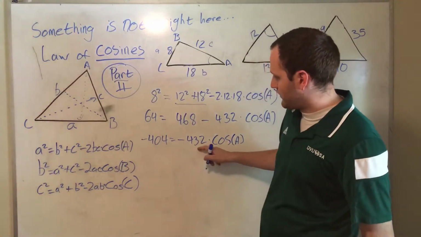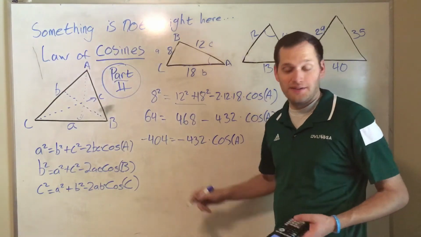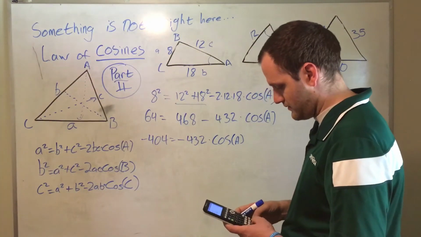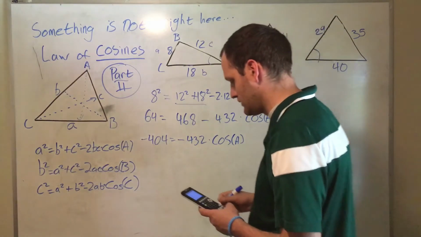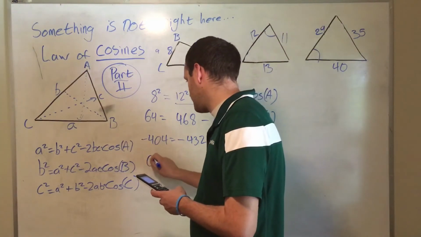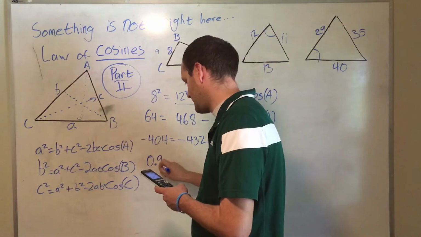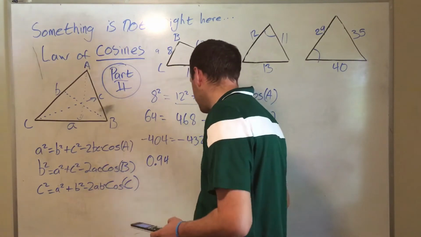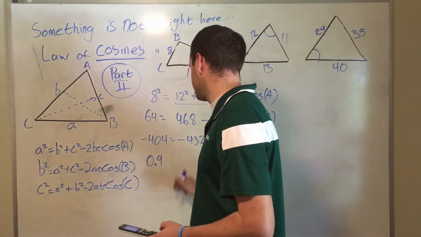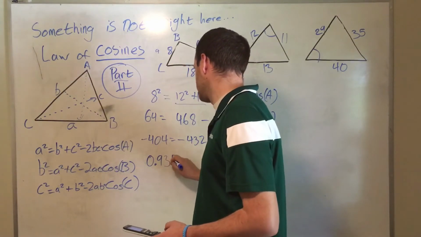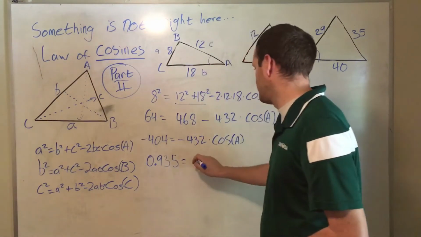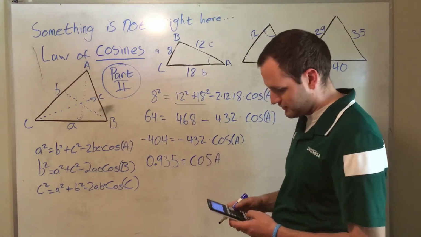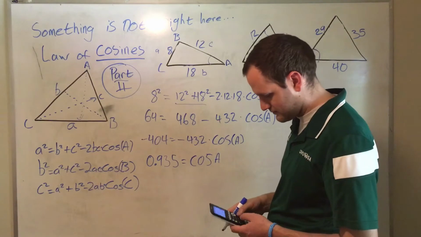Now to get the negative 432 over to this side, I need to divide. So negative 404 divided by negative 432 gives me 0.935, which equals cosine of A. Take the inverse cosine of both sides.